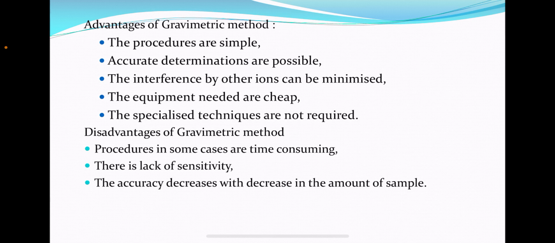That is why accurate determinations are possible in gravimetric methods of analysis. The interference by other ions can be minimized, the equipment needed is cheap, and specialized techniques are not required. So these are the advantages of gravimetric methods of analysis.